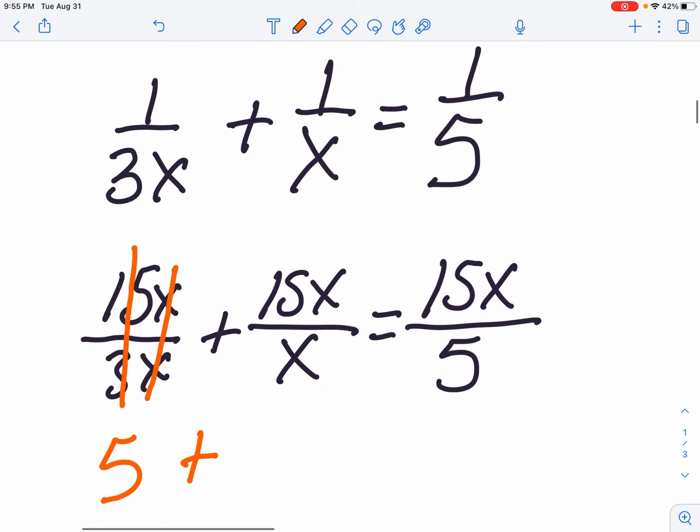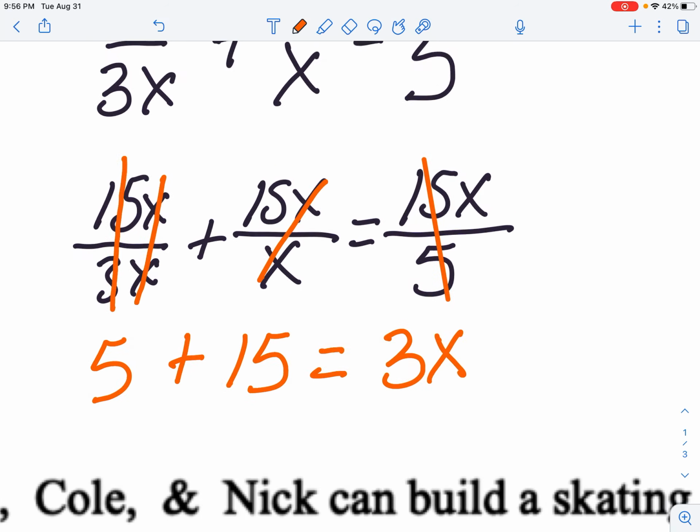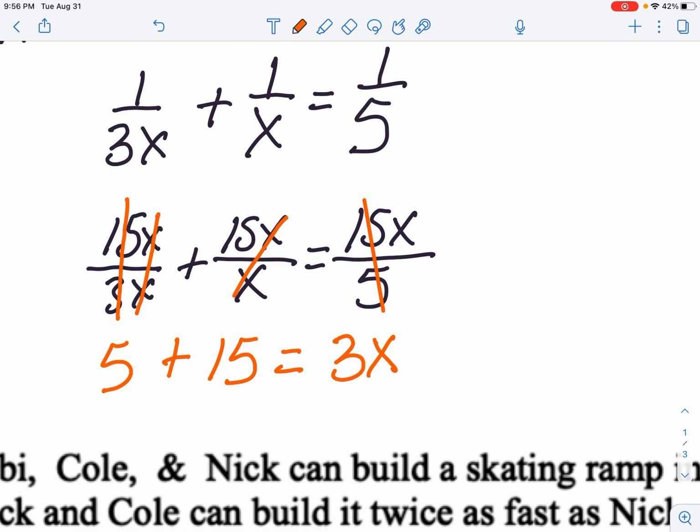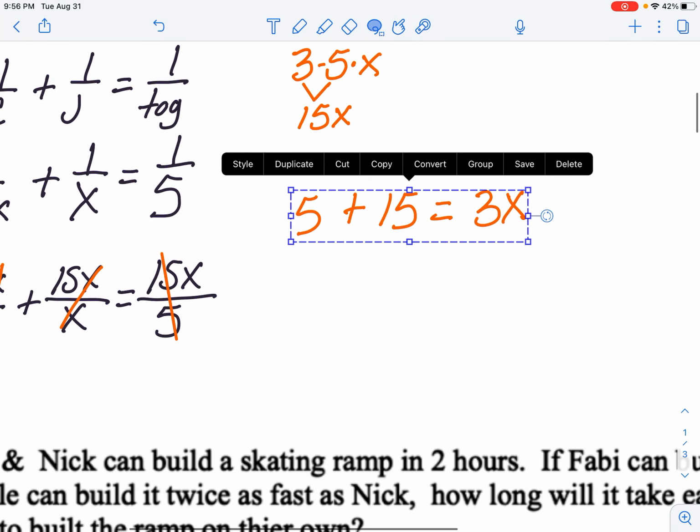These cancel out just like that. So what comes down? 15 comes down, right? And here, 15 divided by 5 is 3, and my x comes down. I don't have room over here, so let me move it over here like that.